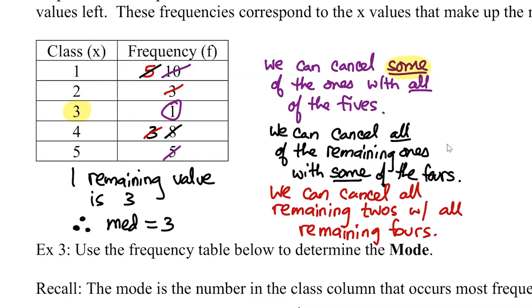Now, this is a source of aggravation for lots and lots of people. One, because you see all these words and you're like, there's got to be an easier way. Well, this is the easier way, short of doing it on the calculator or technology, which I'll show next time. But you look at this and you say, well, isn't the 3 just the middle number between the 1 and the 5?